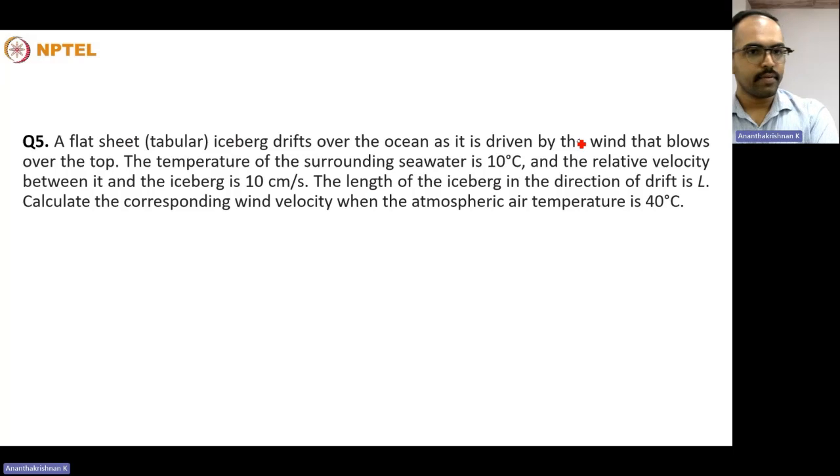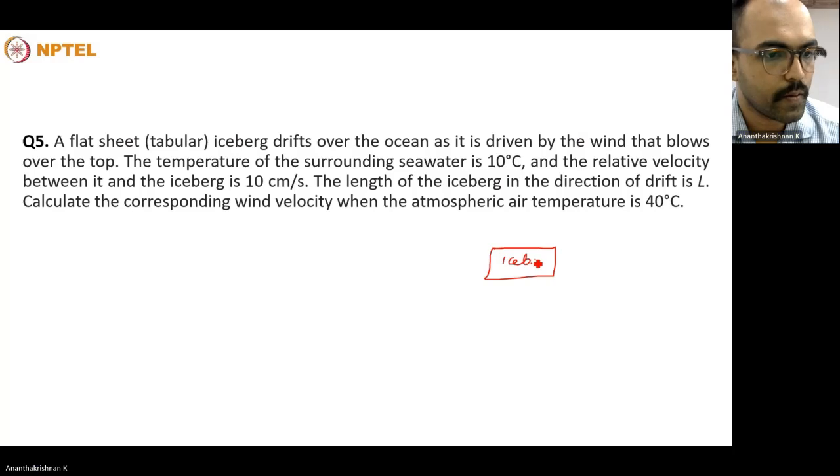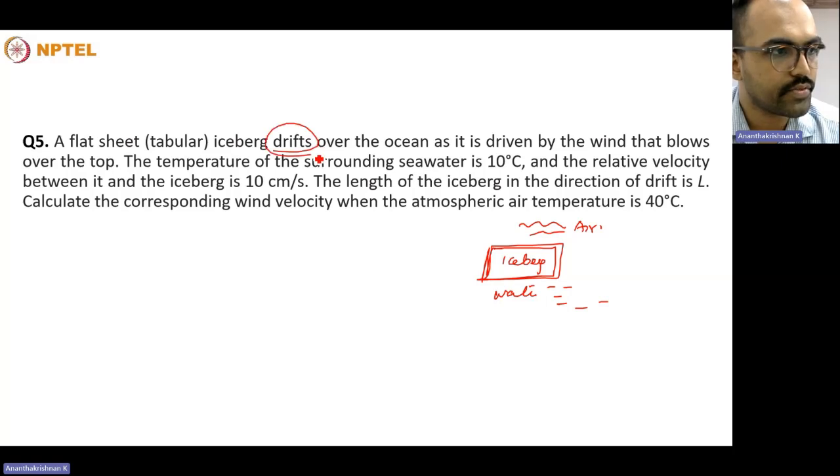The iceberg kind of floats over the water. If you want to picture it, this is an iceberg, this is water, and this is air. The iceberg is freely floating, drifting over the water.